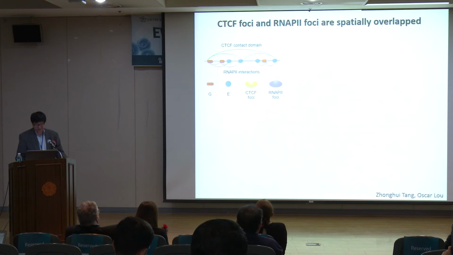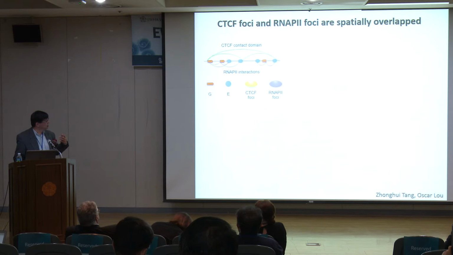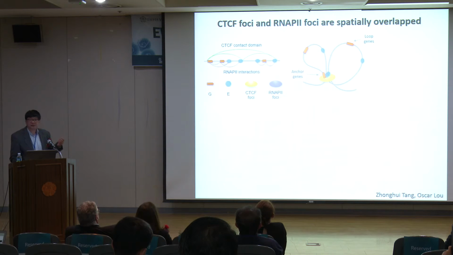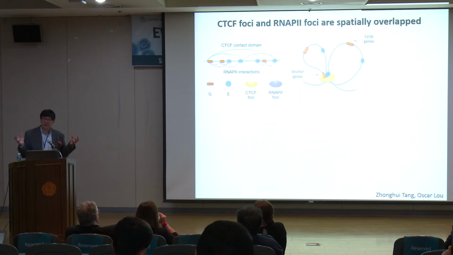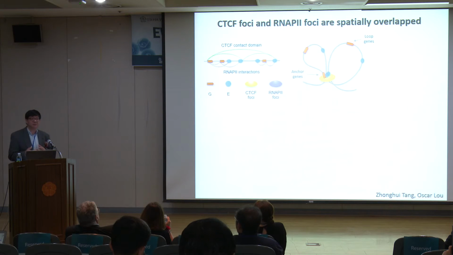And based on those observations, we can propose a working hypothesis of how, within the genome and within the nucleus, CTCF and RNA-Pol2 work together to shape the chromatin structures, and at the same time provide the topological framework for transcription.